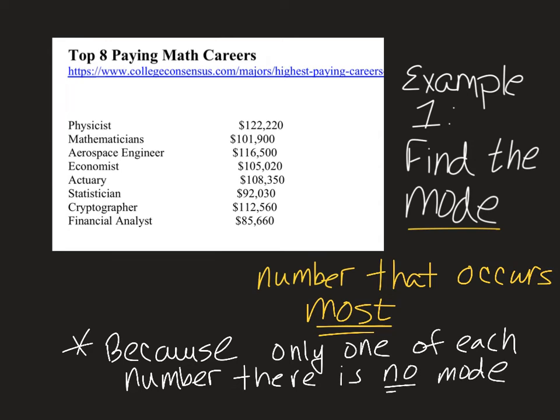Be careful to make sure that you write the words no mode instead of zero. Sometimes people will write zero, which I get because you're saying there's zero modes. But if you write the number zero, you're basically saying that zero is the mode, if that makes sense. So make sure that you write no mode, not zero modes.